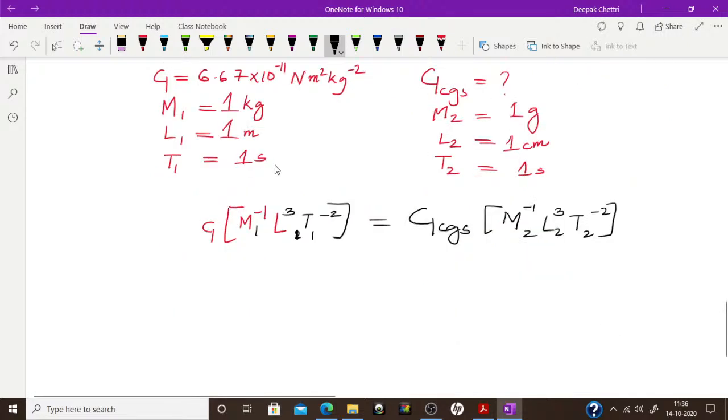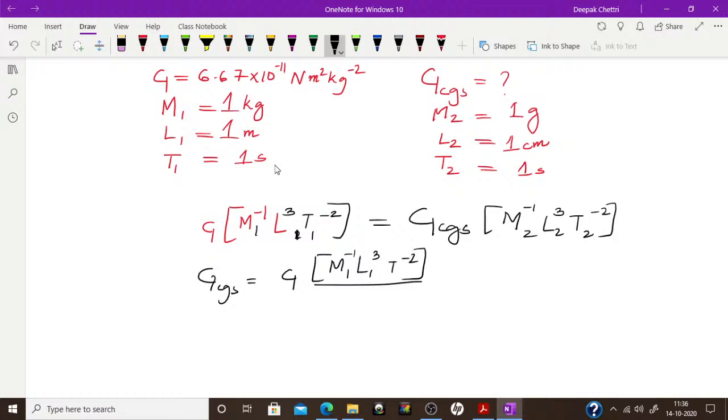So now we want to find G CGS. I can write G CGS is equal to G with M1 minus 1, L1 cube, T1 minus 2, divided by M2 minus 1, L2 cube, T2 minus 2, right? I can write it like this.